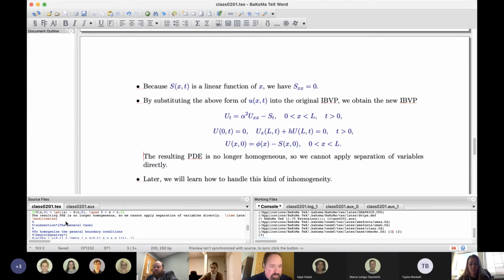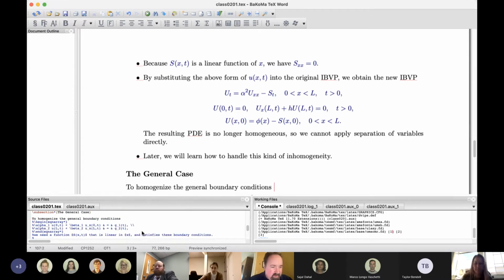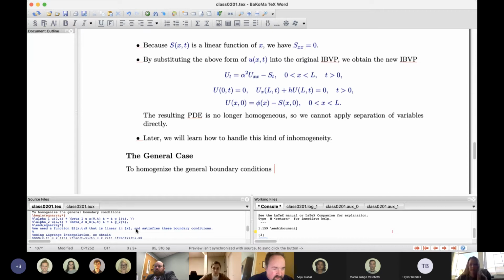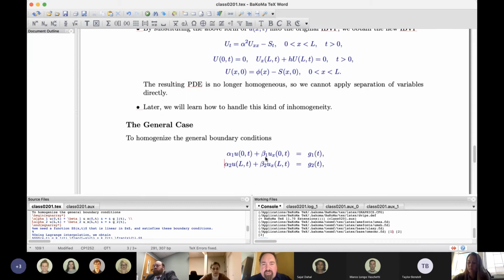Now, those are two specific cases I talked about. I want to talk about a more general case, just to have a general procedure you can always fall back on, or most of the time anyway. So what if you have these boundary conditions? I have some linear combination of u and u_x at x equals 0 equal to some given function of t.